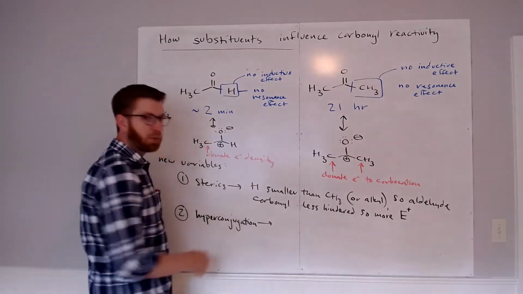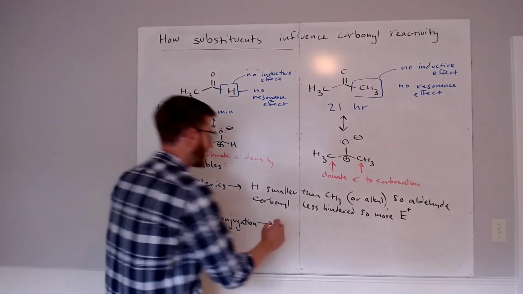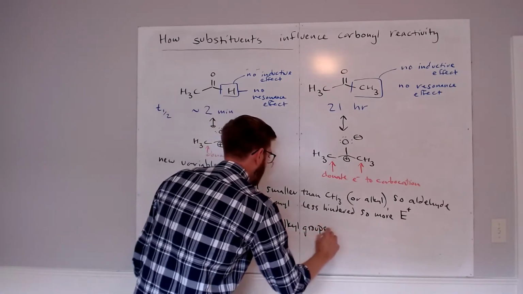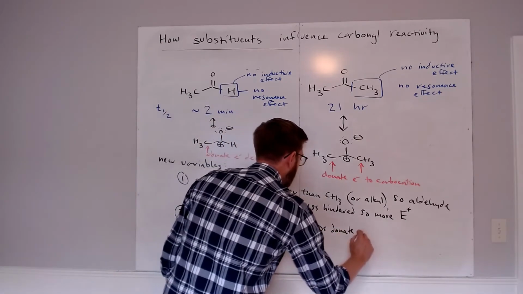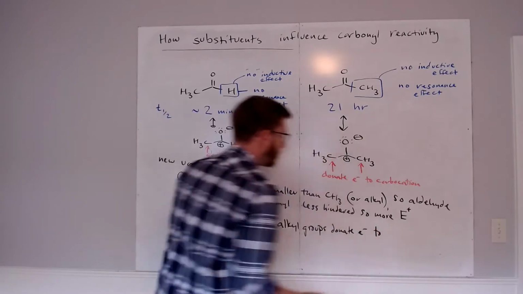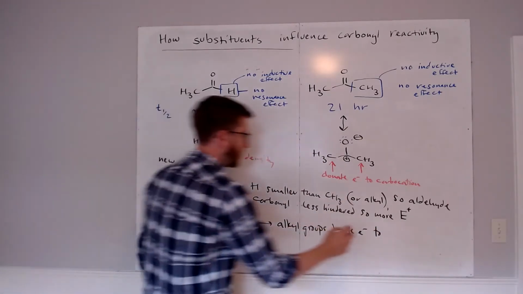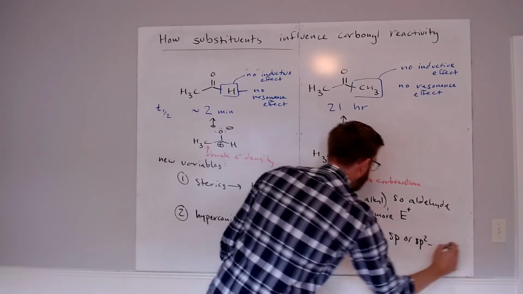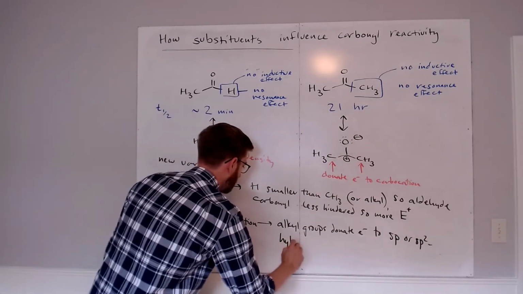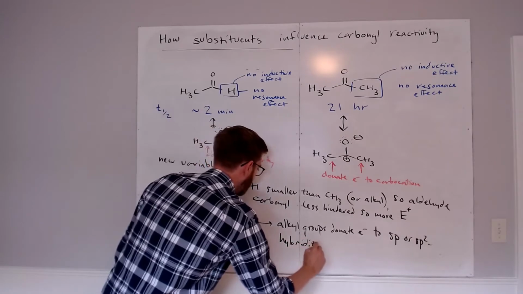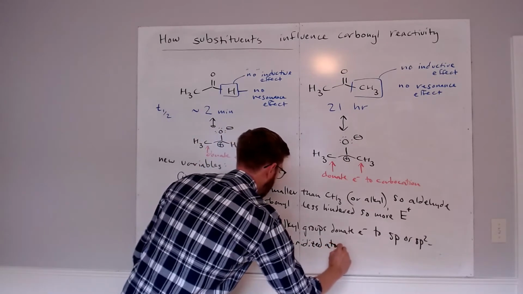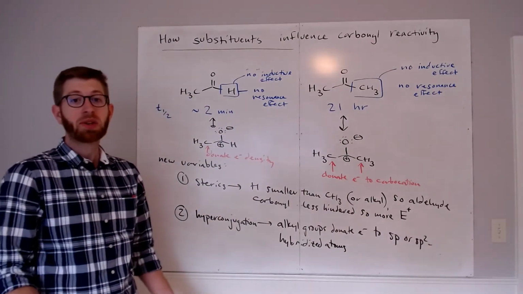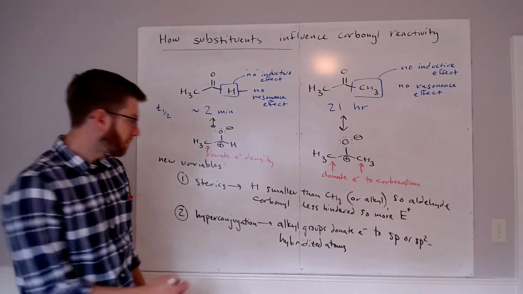So this concept of hyperconjugation, in essence, we can say this is when alkyl groups donate electron density to p orbitals, to sp or sp2 hybridized atoms. Remember that these are the 2 hybridizations where the atom would have an atomic p orbital left over.